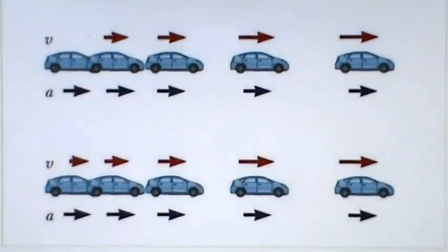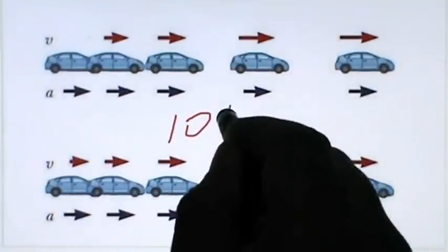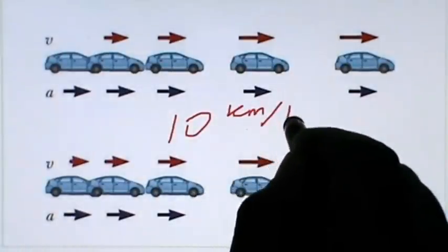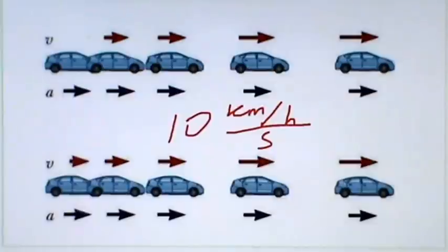Here I show you the actual example. If a car is accelerated 10 km per hour per second, let me write 10 km per hour per second, meaning that every second its speed is increasing 10 km per hour.